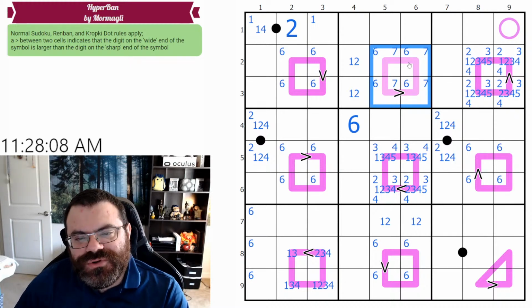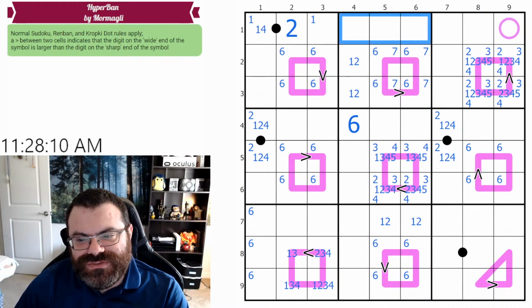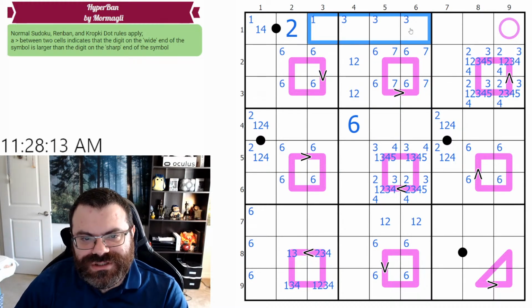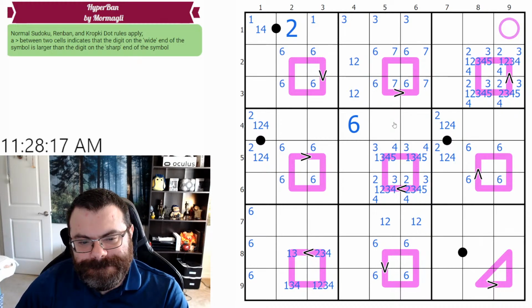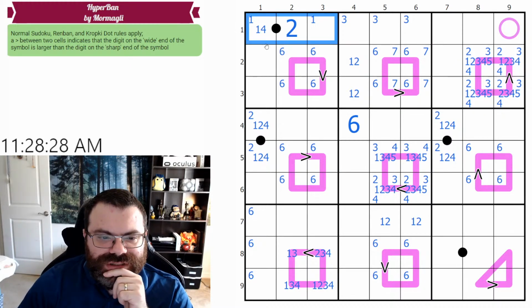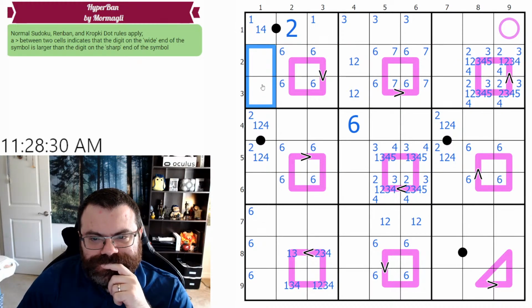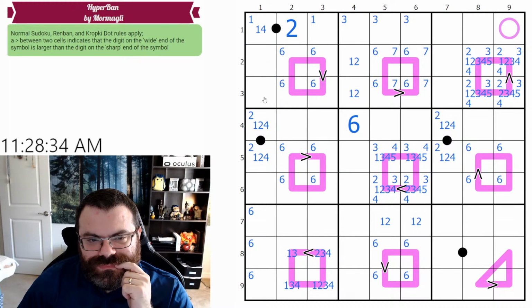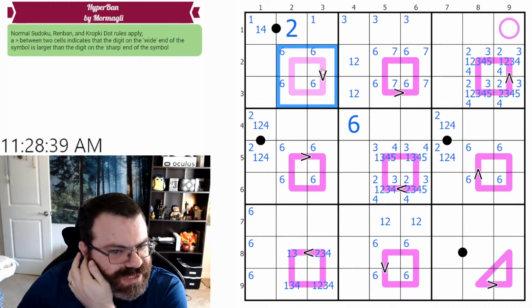That's true. We proved that 3 can't be on this Renban. So 3 is up here. Feels like ages ago we proved that. So, but we know it's on this Renban, so that's not super helpful. Well, does that mean... If we could force 3 onto here, this would be 3, 4, 5, 6.